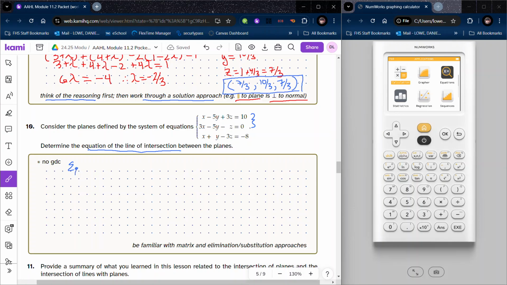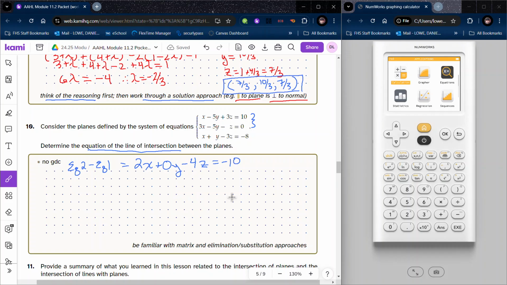So essentially, if I say equation 2 minus equation 1, that's going to give me 3x minus x, that's 2x. Negative 5y minus 5y is 0y. Negative z minus 3z is negative 4z. And 0 minus 10 is negative 10. Okay.